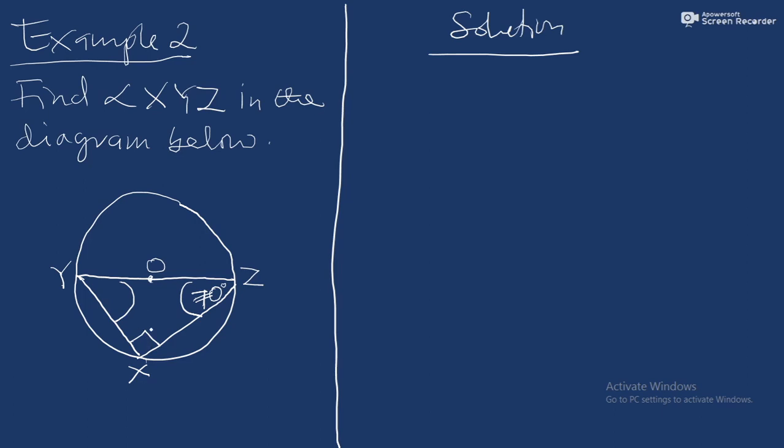So now the question said we should find angle XYZ. So this angle. And we know that XYZ is a triangle, so we have triangle XYZ, and from plane geometry 1, the sum of interior angles of a triangle is what? 180 degrees.